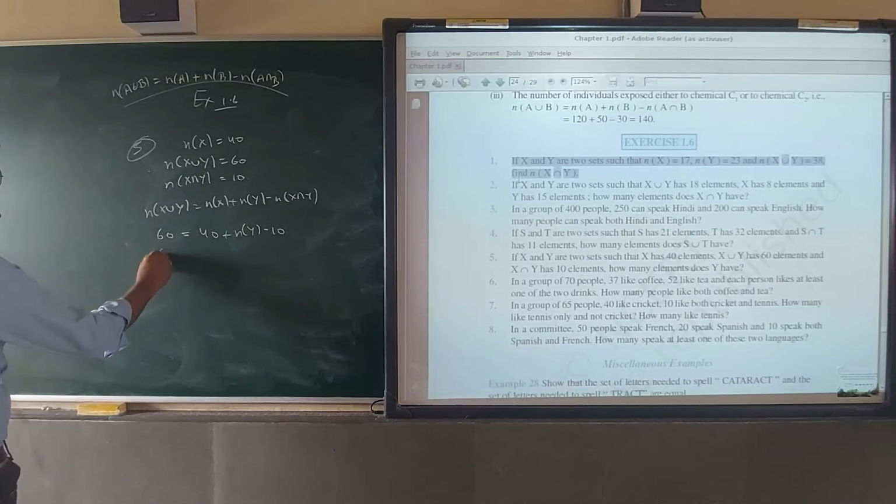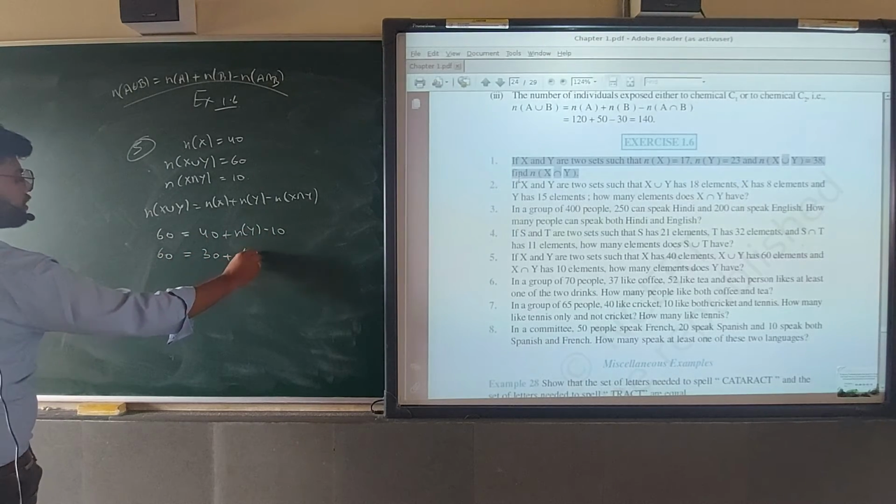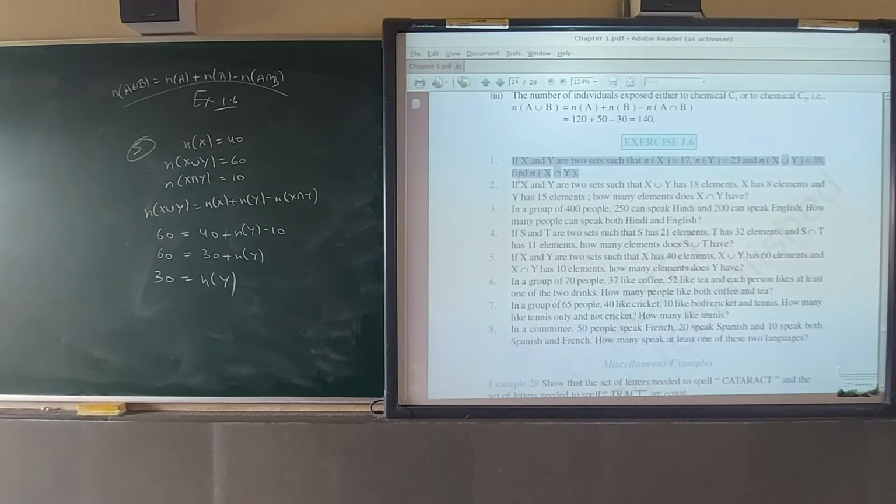That's 60, 40 minus 10, 30, n(Y), and 60 minus 30 is 30, meaning the number of elements in Y will be 30. Fifth question answer is 30.